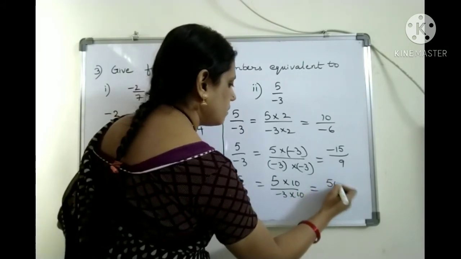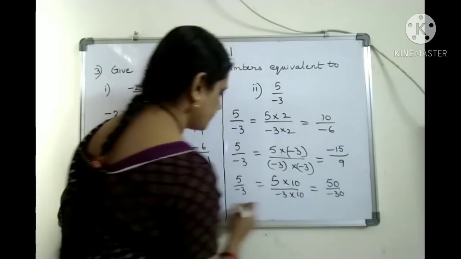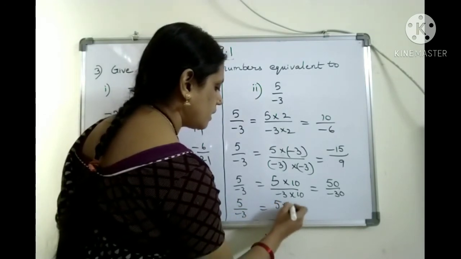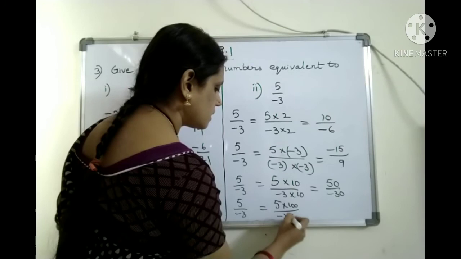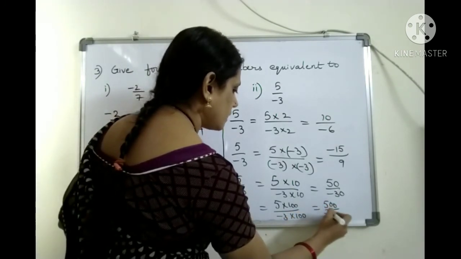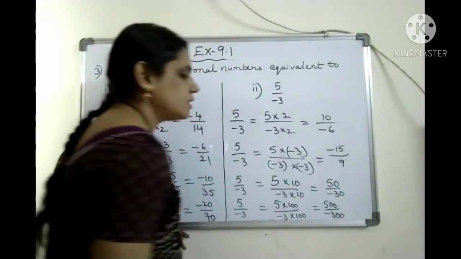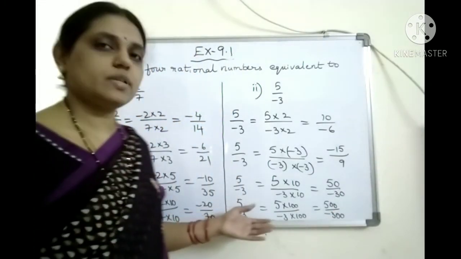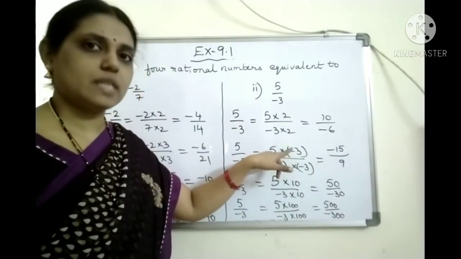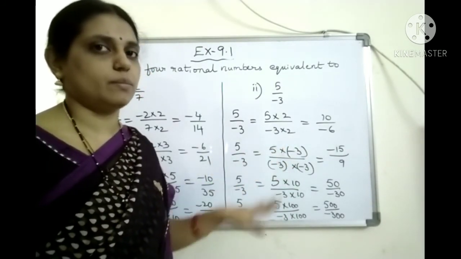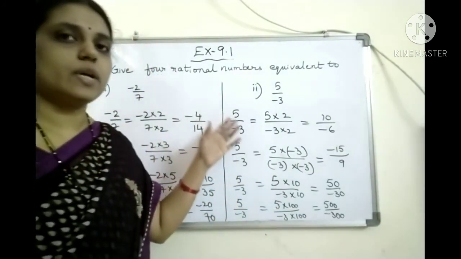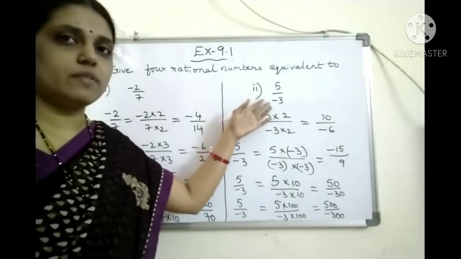That is 50 by minus 30. Next, I want to take 100. 5 into 100 by minus 3 into 100, that is 500 by minus 300. Since multiplication with 10 and 100 is also easy, that's why I have taken 10 and 100. Here I have taken minus 3, that means a negative integer also you can take and multiply. So like this any 4 rational numbers you can write equivalent to the given rational number.